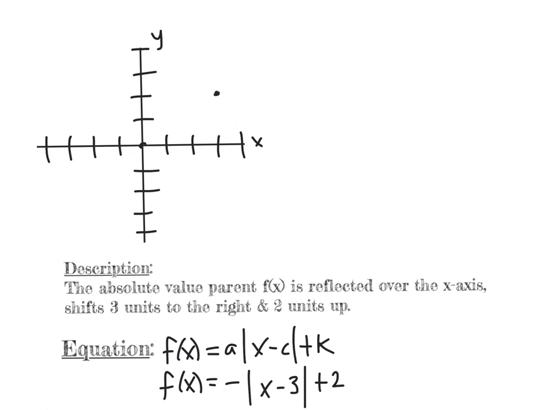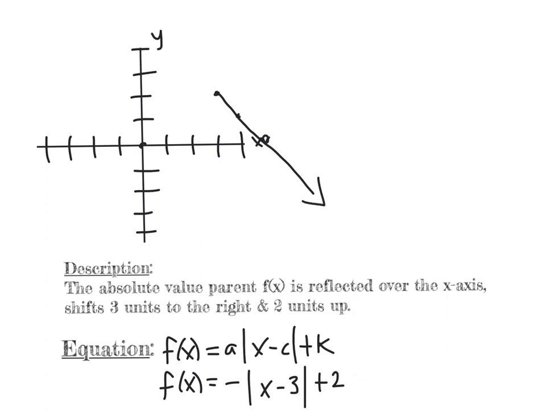Now, how do we check the slope? Well, since it was just reflected and it wasn't stretched or compressed, this negative 1 is my slope. So my slope is negative 1 over 1. So I'm going to go down 1 over 1. Down 1 over 1. And I have half of my V over here.